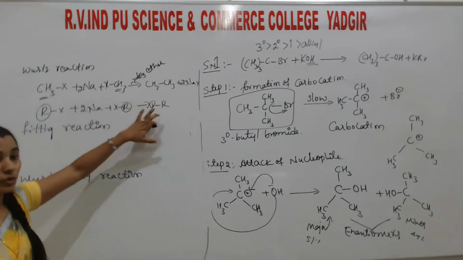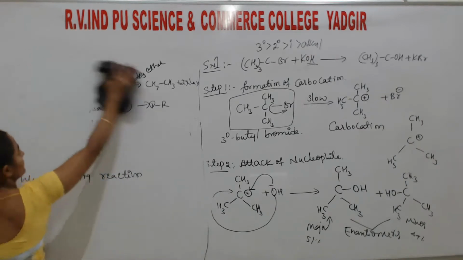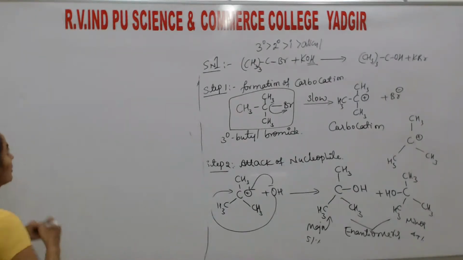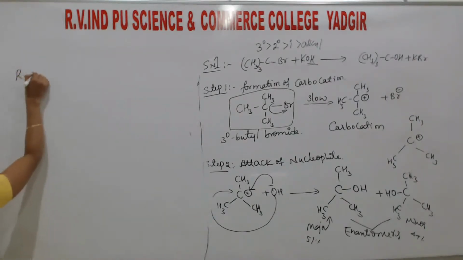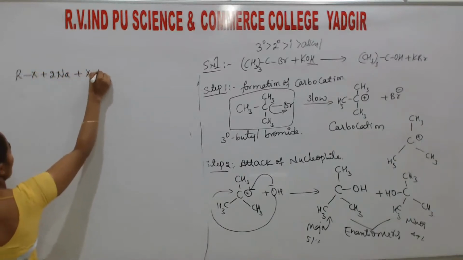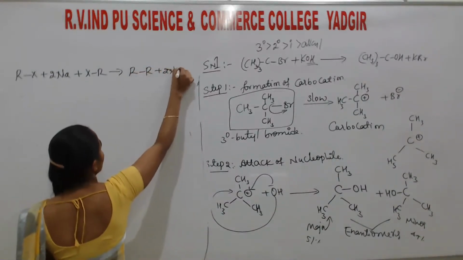Okay, that is the Wurtz reaction. So in place of R, I take the general reaction here: RX plus 2Na plus XR gives rise to RR plus 2NaX.